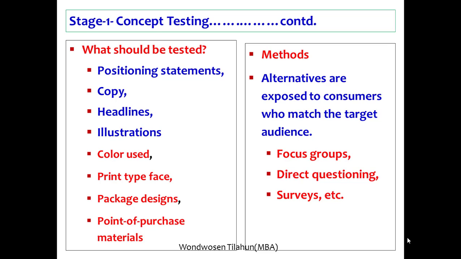So what should be tested in this stage? Positioning statements, the copy, headlines, illustrations, even color, print typeface, package designs, even point of purchase materials. Some important inputs of the advertisement at the preliminary level might be tested here, and most of the time we can use a focus group discussion, direct questioning, or survey methods.